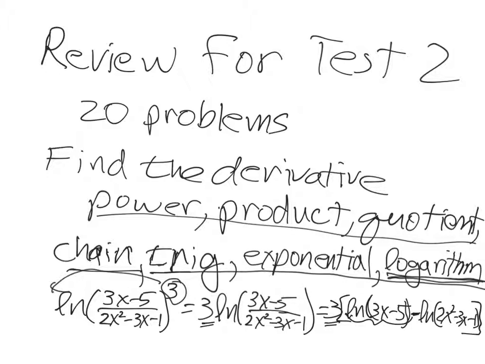And then minus the derivative of this, 1 over the 2x squared minus 3x minus 1 times the derivative of that inside, which would be 4x minus 3. So lots of algebraic simplifying can be done before you take the derivative, working with those logs. Try to remember to do that before you go through the derivative.